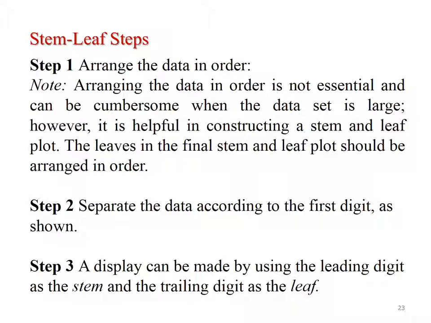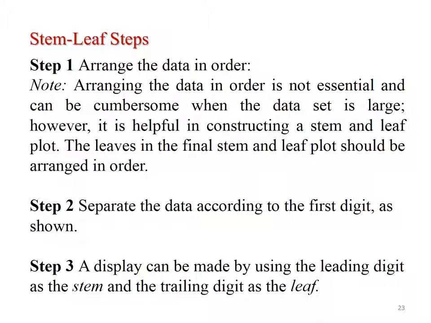If you arrange the data in increasing order, it is easy to write down the corresponding stem and leaf, and the shape is also pretty nice. Arranging the data in order is not essential and can be cumbersome when the data set is large. However, it is helpful in constructing a stem and leaf plot. The leaves in the final stem and leaf plot should be arranged in order.